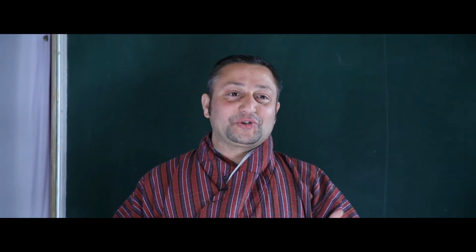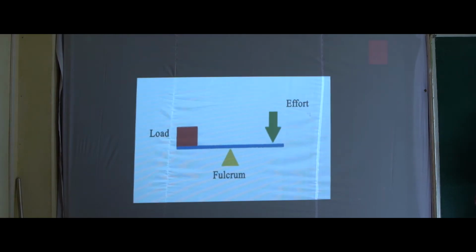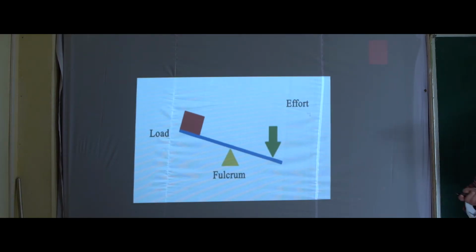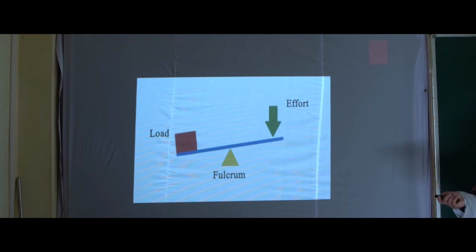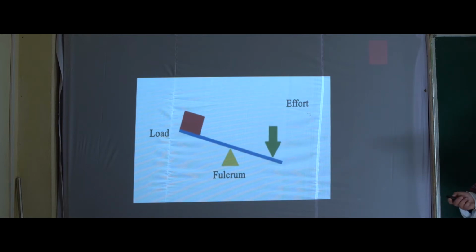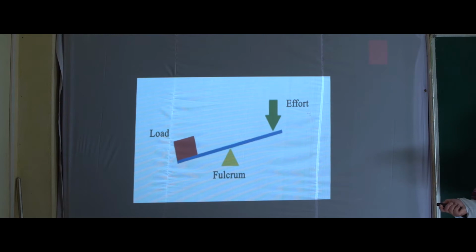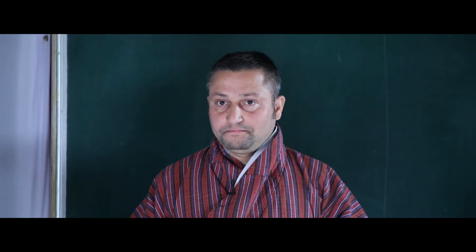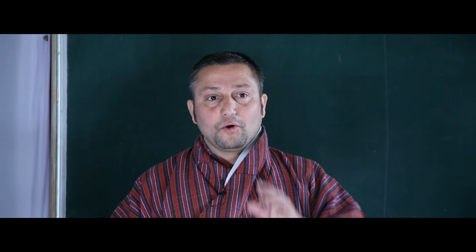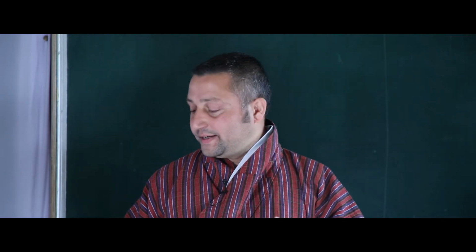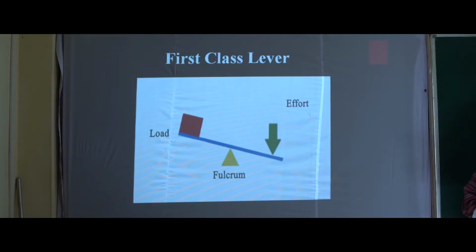Okay, let's go to the next picture. You can see load, effort, and fulcrum. So, what do you see in the middle? Obviously, fulcrum. So, I hope you have already got the answer. Obviously, since the fulcrum is in the middle, it is first class lever. Very good. Your guess is correct.